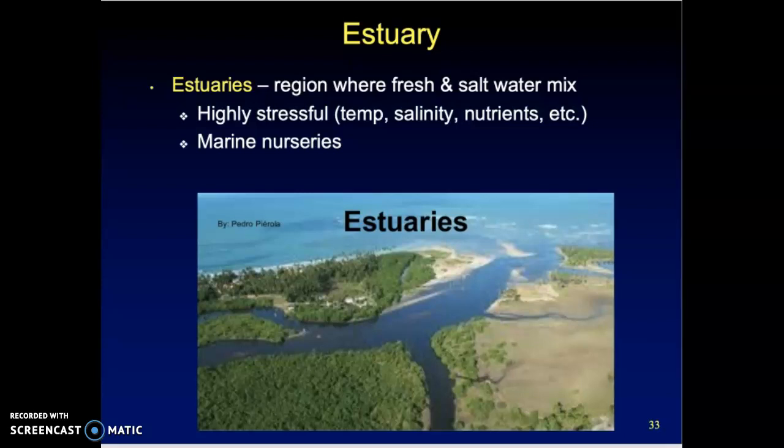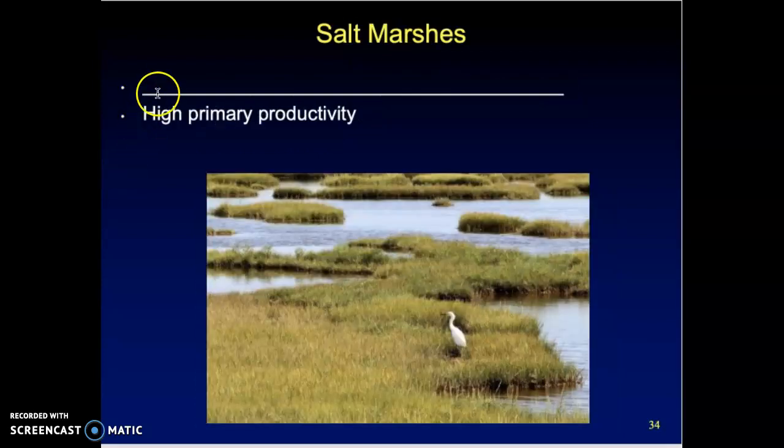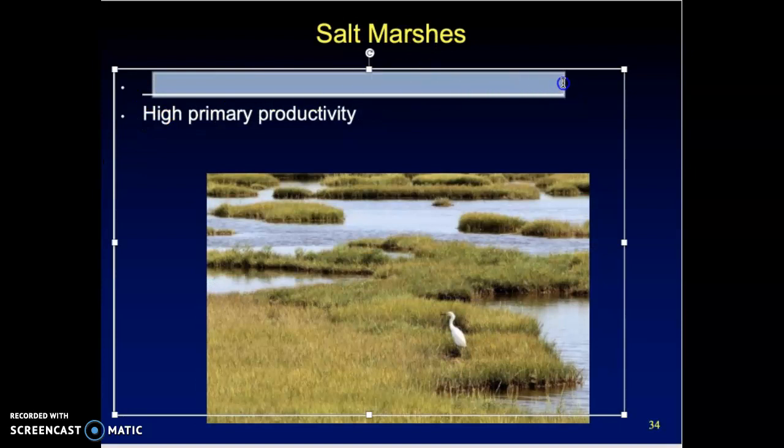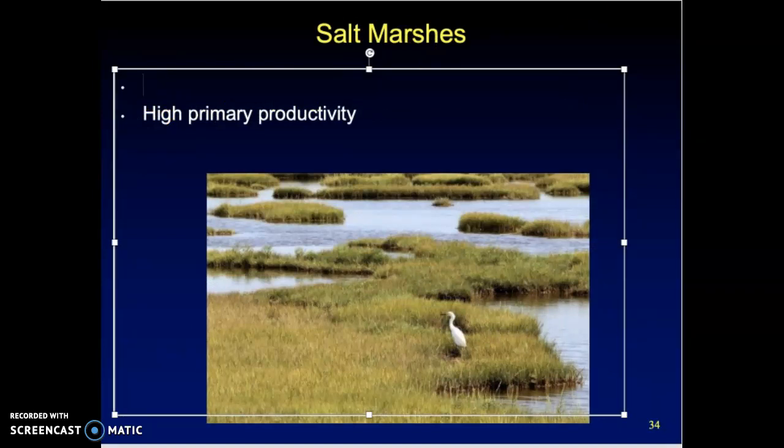So we push away from the estuaries and we can get into these areas known as salt marshes. Now, these are a little different than an estuary. A salt marsh is a coastal wetland that is flooded on a regular basis.